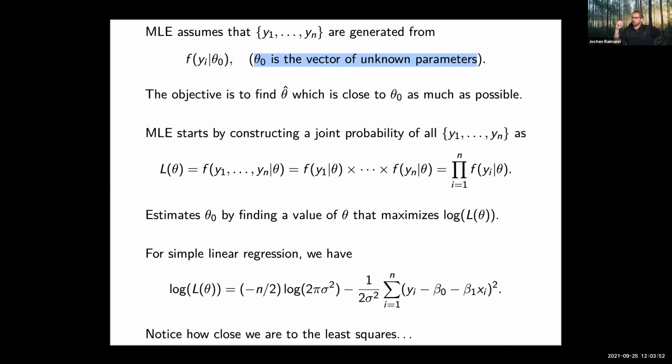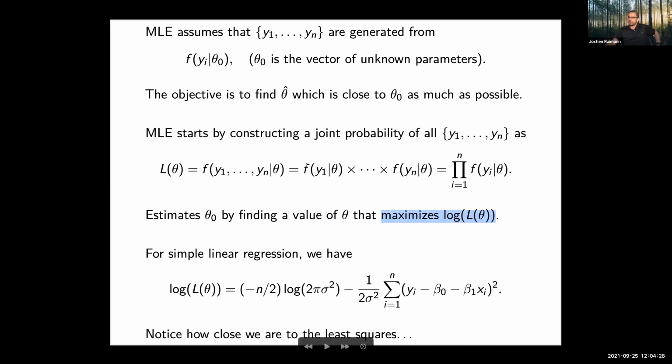You calculate one probability for each entry, and you multiply all probabilities in order to maximize the probability, or likelihood, of that function yi theta. So the estimate of theta 0 will be to find a value of theta that maximizes the log likelihood of theta.